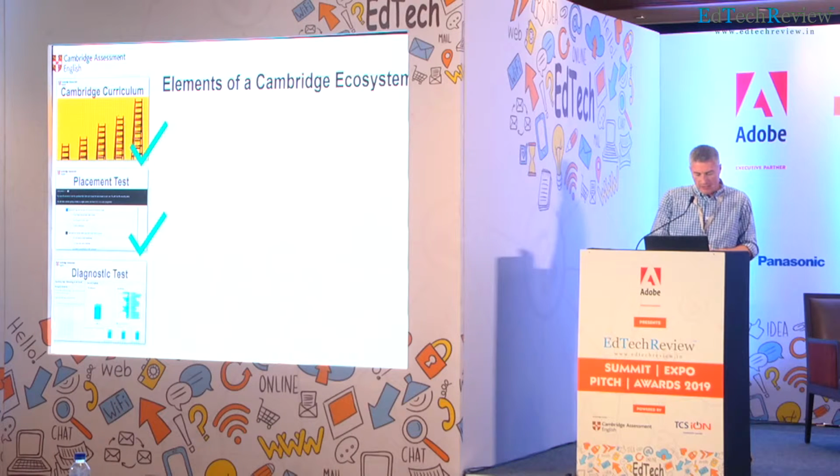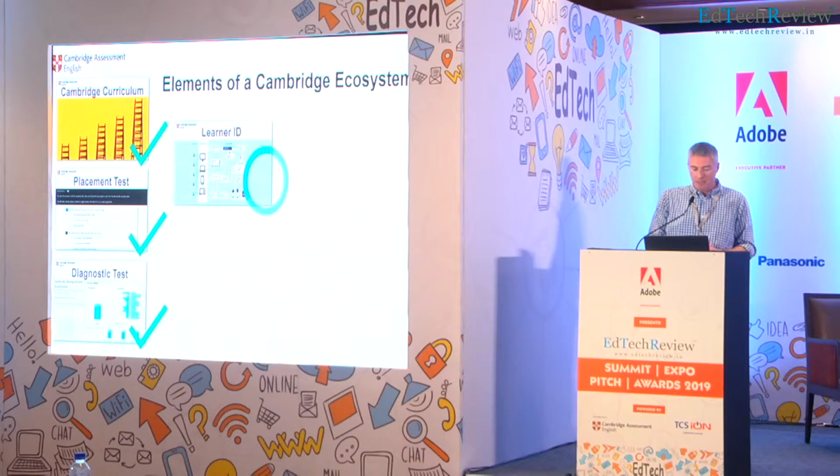I mentioned diagnostic tests before, so we can provide recommendations for learning to students. I mentioned that Apple was simple. One of the reasons that life is simple for you in the Apple system is because it knows who you are. It doesn't matter what device you log on from, Apple recognizes you. So some kind of unique identifier for a learner is really important.